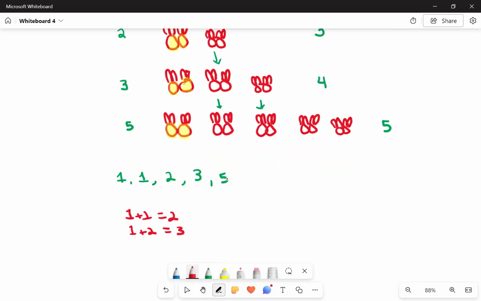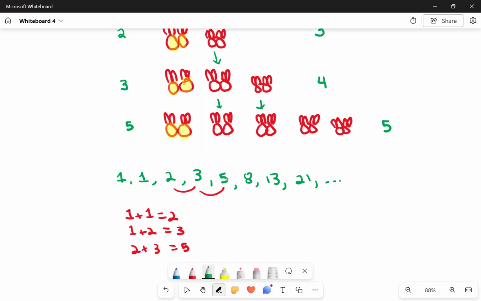Sorry, that kind of looks like a 2. Let me make it look more like a 1. There we go. And then if I add these two together, 2 and 3, I get 5. So now the question is, if we add these two together, what do we get? 3 and 5, that gives us 8. And then 5 and 8 gives us 13. 8 and 13 gives us 21, and so forth.